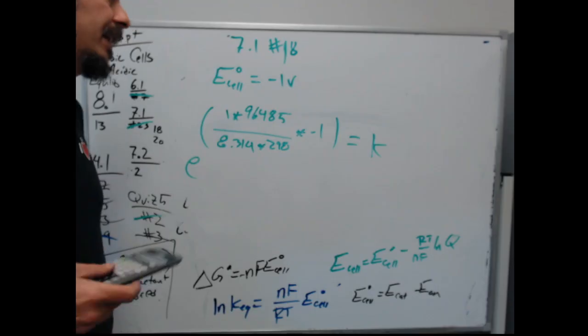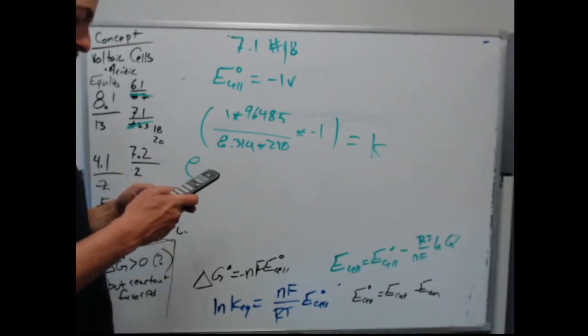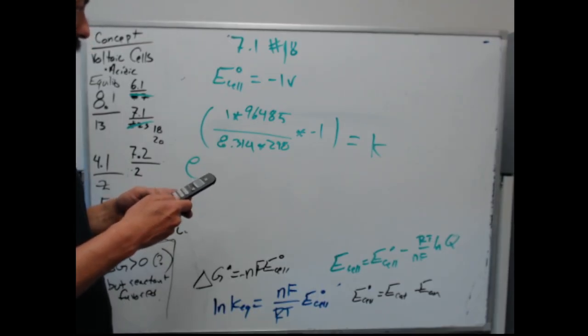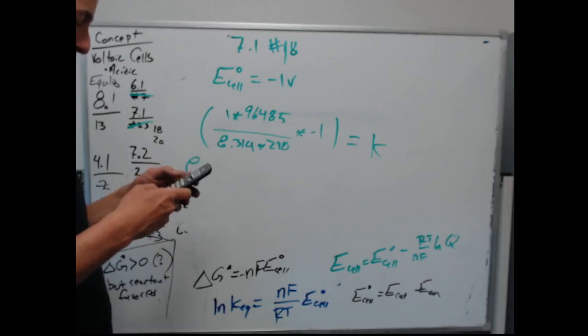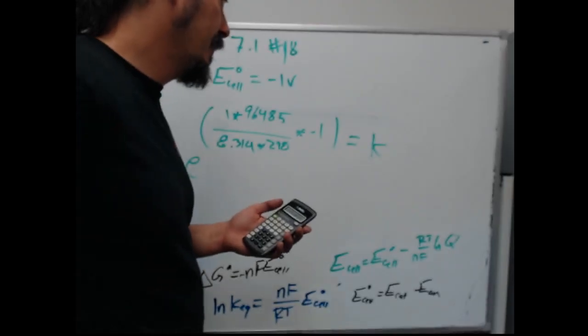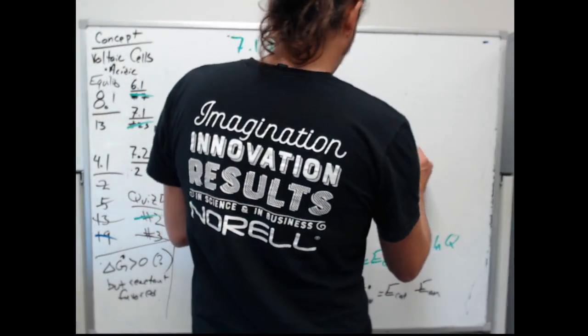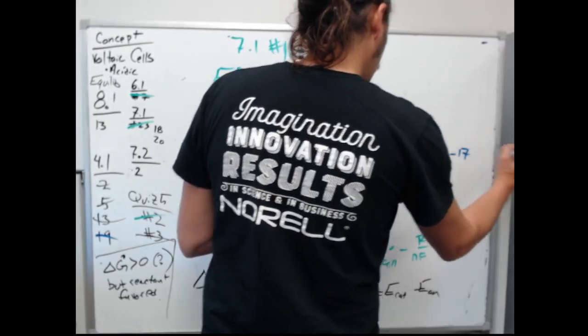I can plug all of that in and get a K value. 1 times 96485, divided by 8.314 times 298, negative, to the power of E. And I'm going to get K equal to 1.22 times 10 to the minus 17.